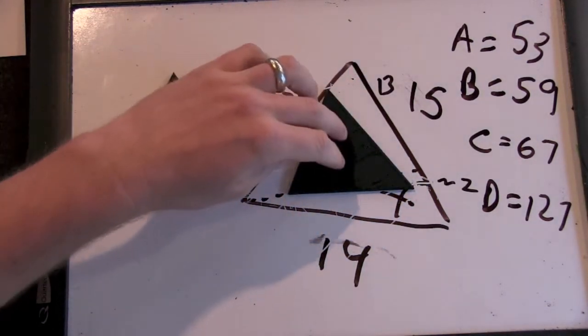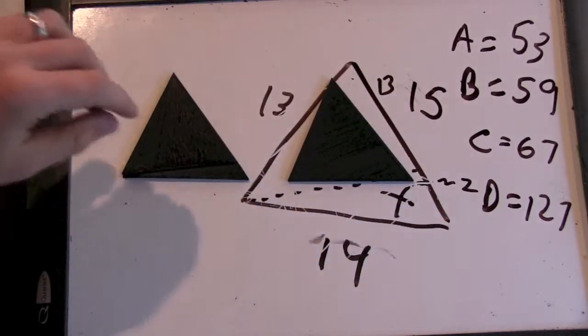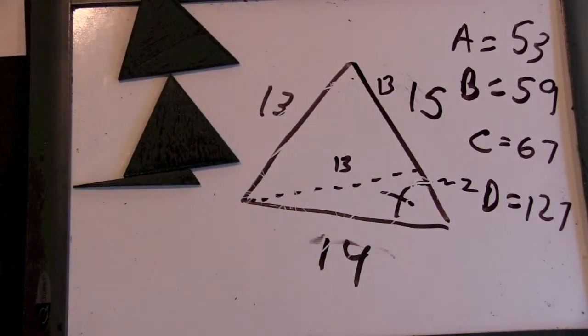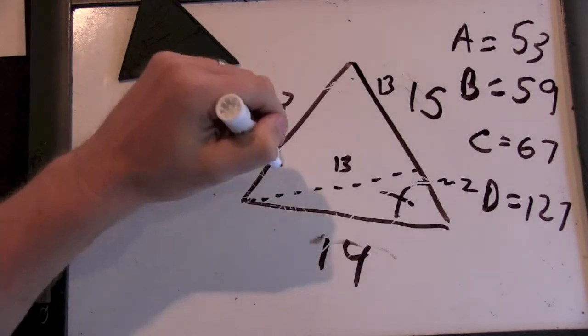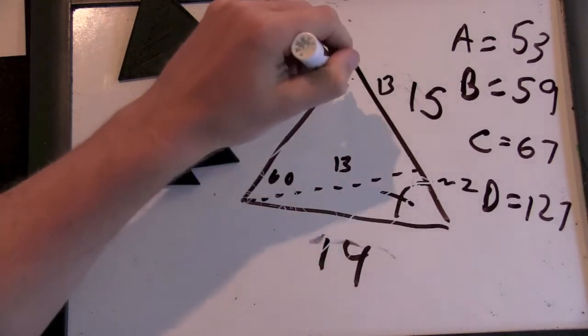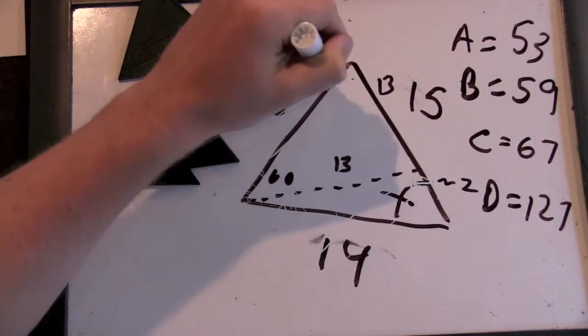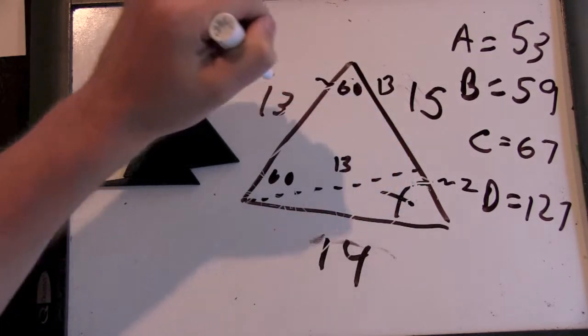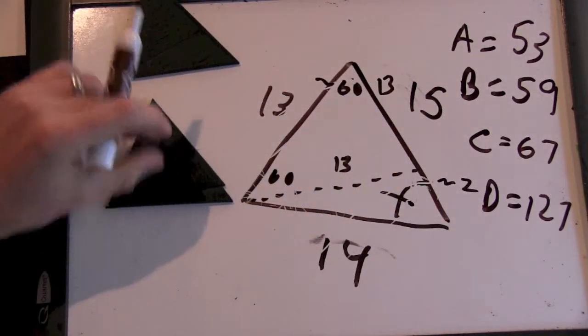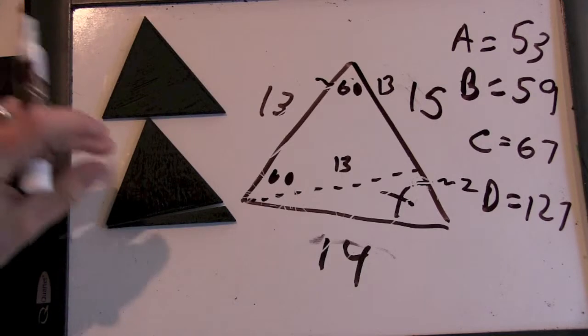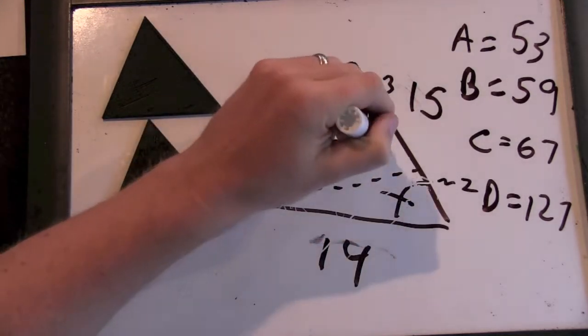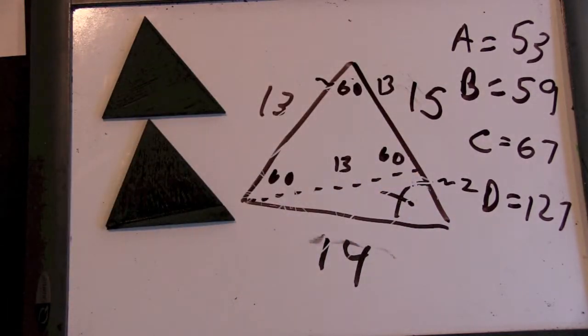And that helps us see what this angle is, because we know this angle is 60. This angle, since it's not an exact fit, is only about 60, but really close to 60, right? Because these two things are almost exactly the same. And this angle here is 60, right?